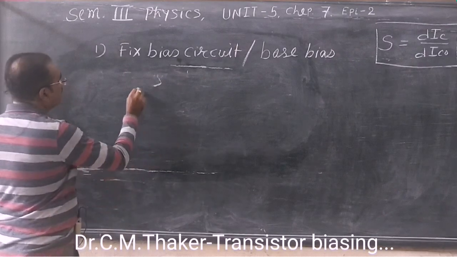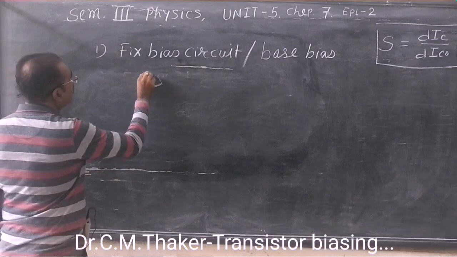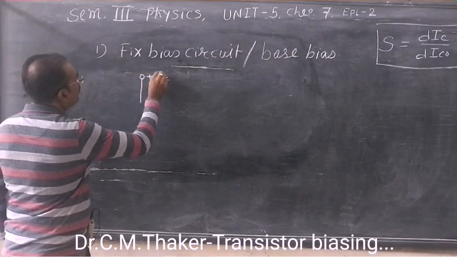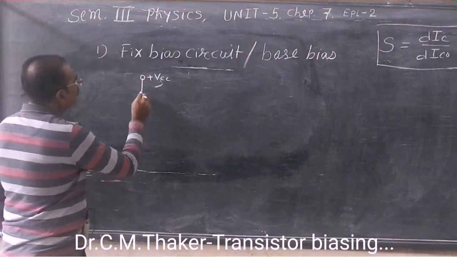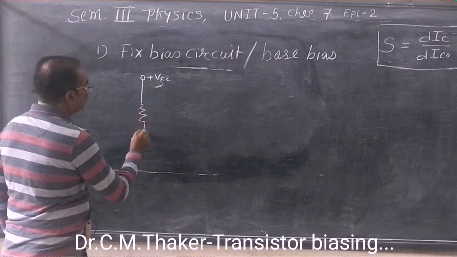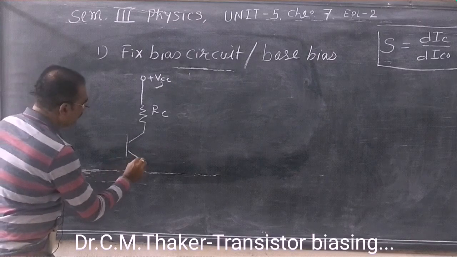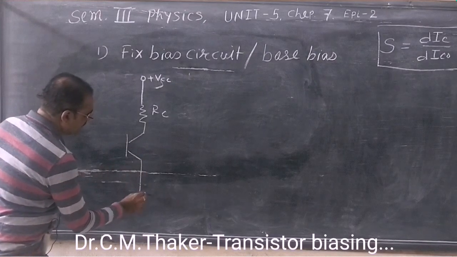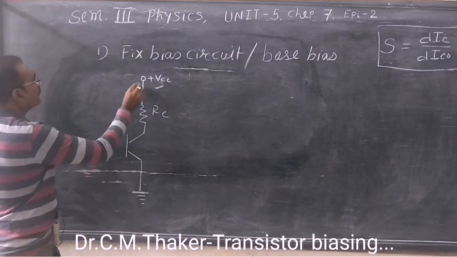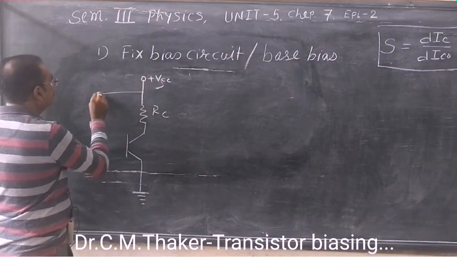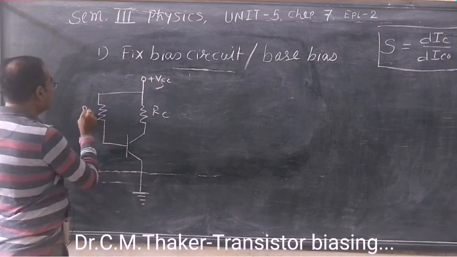Suppose I have a circuit, this is the applied power supply, RC, emitter is grounded for common, this is RB.